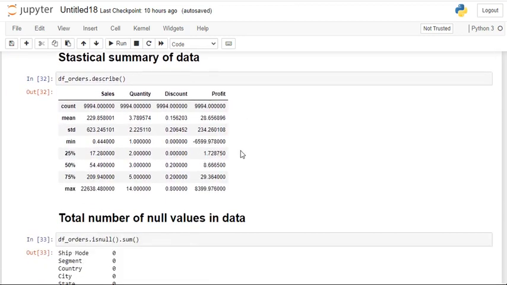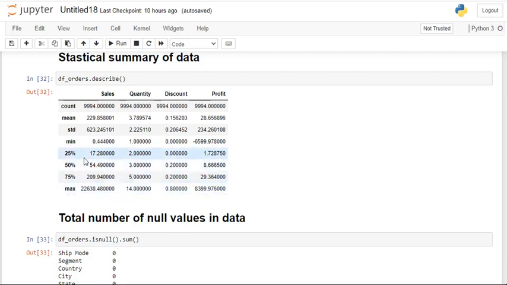Statistical summary of the data set: by using the function describe, you can call the statistical summary of the data set. Here the total count is 9,904. These are the number of rows in the data set, and the mean of the values is 229.85. Standard deviation, the minimum sales is 0.44, and the maximum sales 22,638.